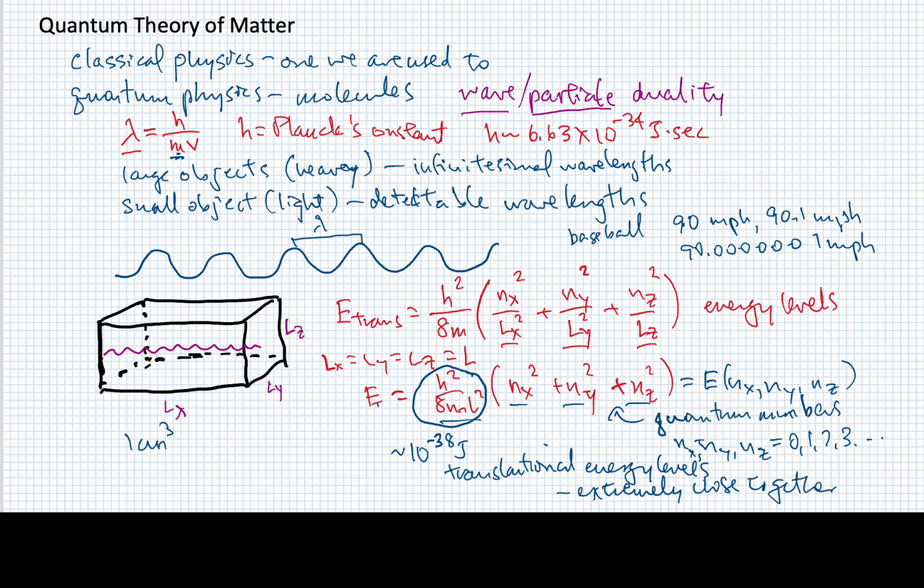So it turns out your intuition wasn't so bad after all. A molecule moving around really does look quite a bit like a classical object, but we do want to take into account the fact that it has only certain discrete energy levels. And we'll see where this comes in as we explore this notion a little bit further for the other degrees of freedom that we've already talked about.